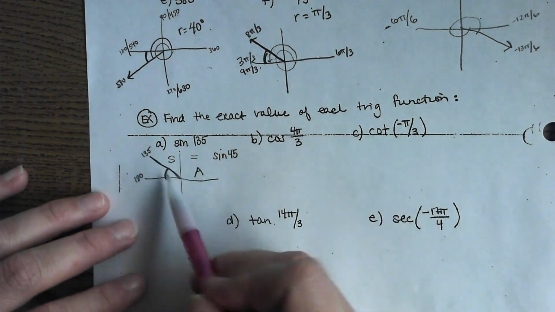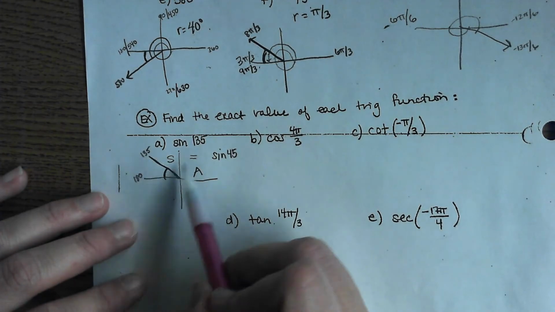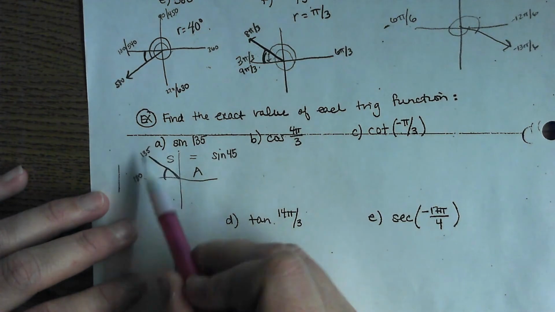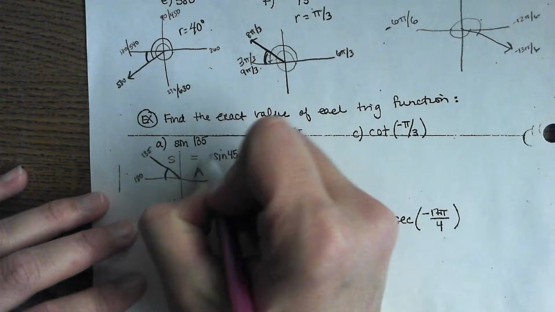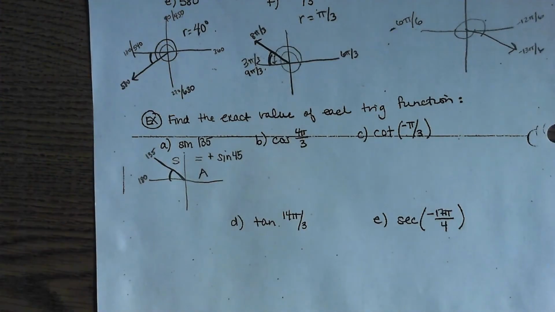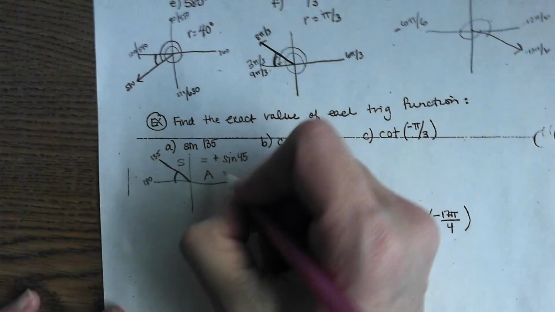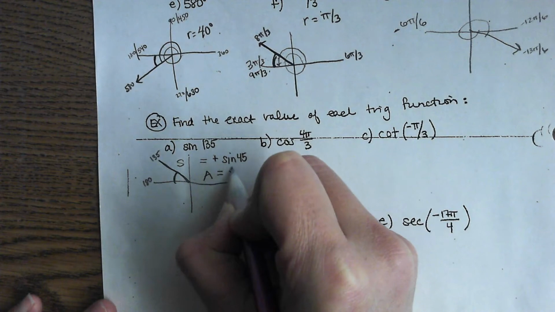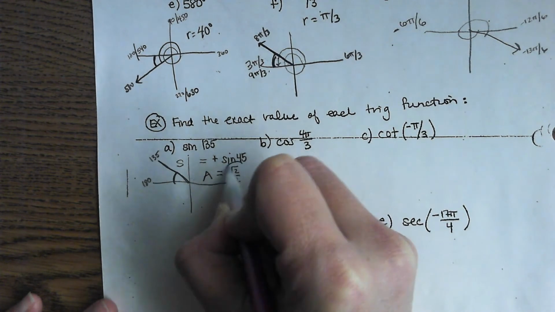All Students. So should sine be positive or negative here? Positive, right? So the sine of 135 is going to be equivalent to the positive version of the sine of 45, and our memorized values tell us that that is root 2 over 2. Good.